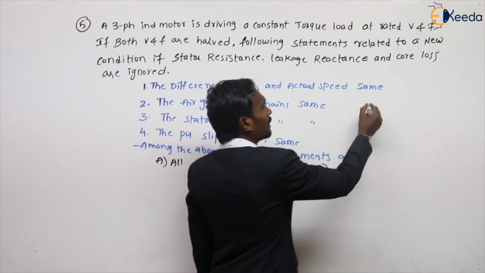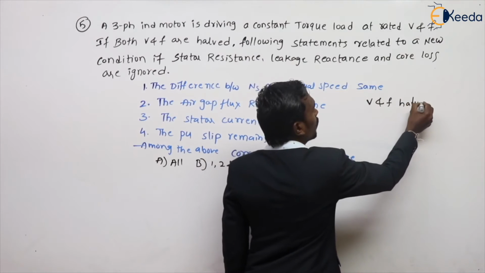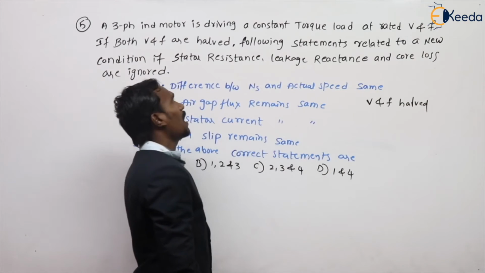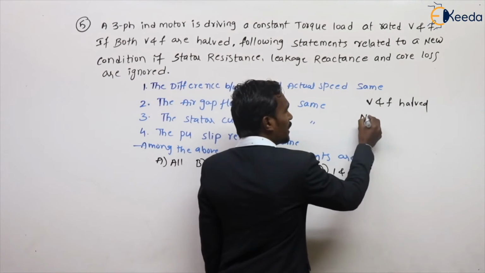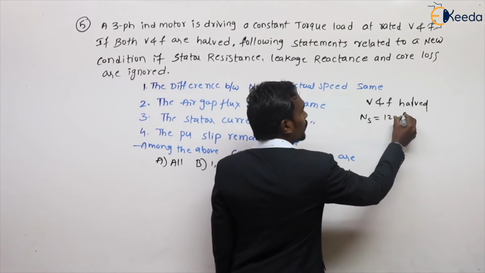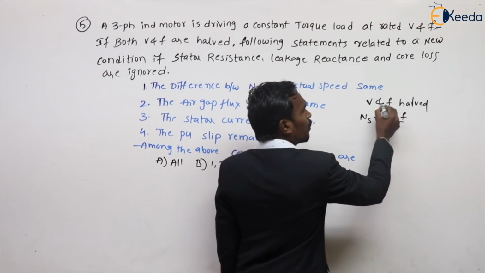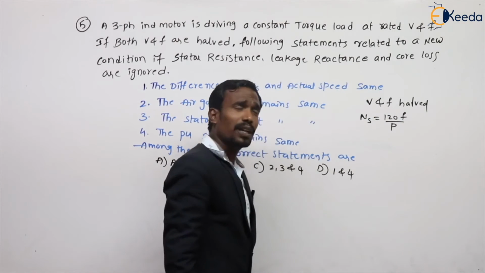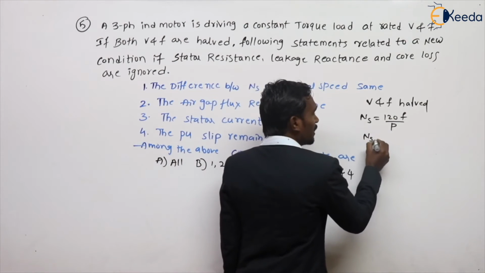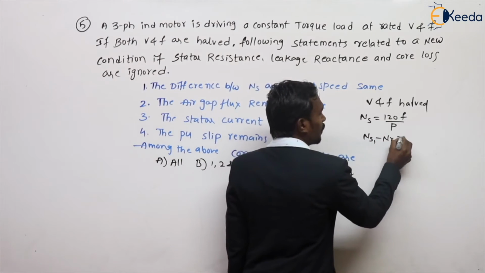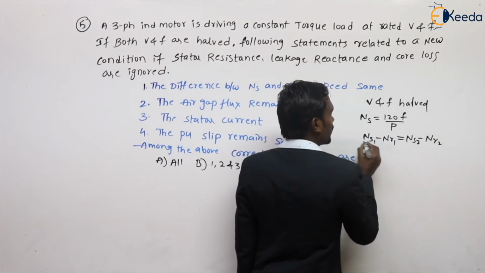When voltage and frequency are halved, generally ns is equal to 120 f by p. When voltage and frequency are halved and the V by F ratio is constant, at that condition ns1 minus nr1 is exactly equal to ns2 minus nr2.